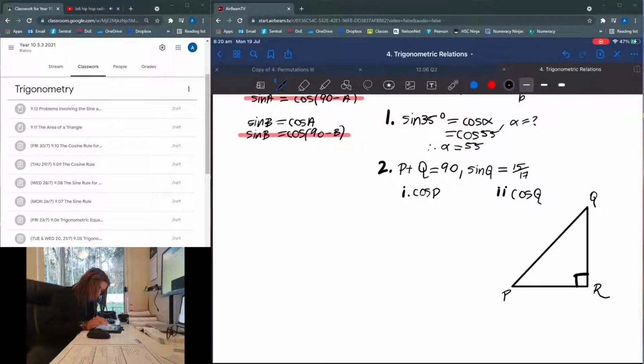Now, I'm told that sine Q is this. What you need to keep in mind is this is opposite, and that's hypotenuse. So from Q, my opposite is going to be 15, and the hypotenuse needs to be 17. What's cos P?